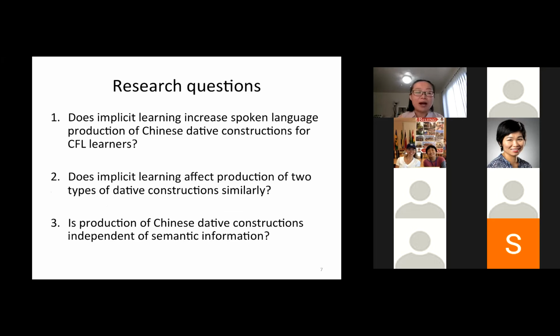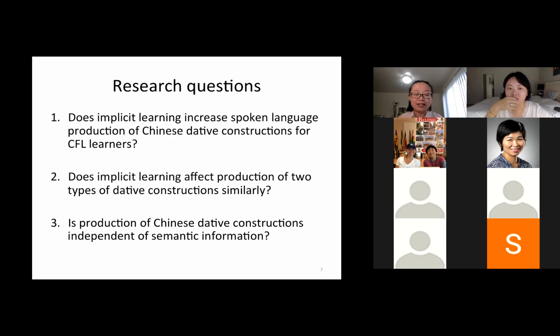The first one is, does implicit learning increase spoken language production of Chinese dative constructions for CFL learners? Here I focus on dative constructions because this is a very basic and important construction in language acquisition.